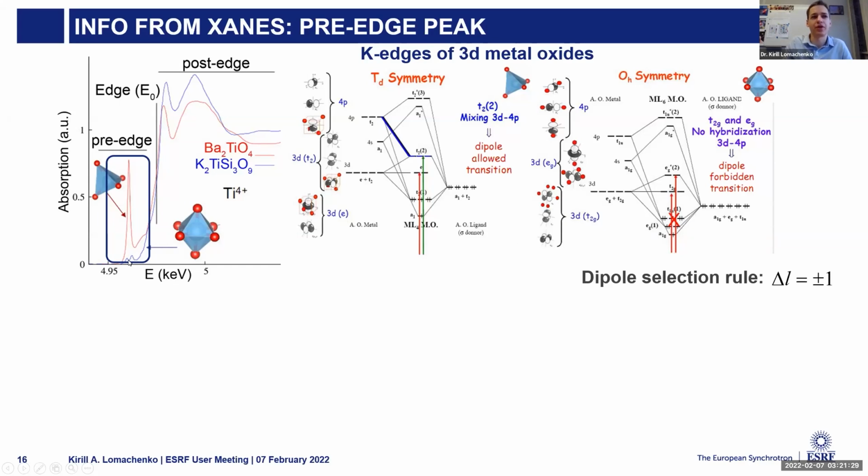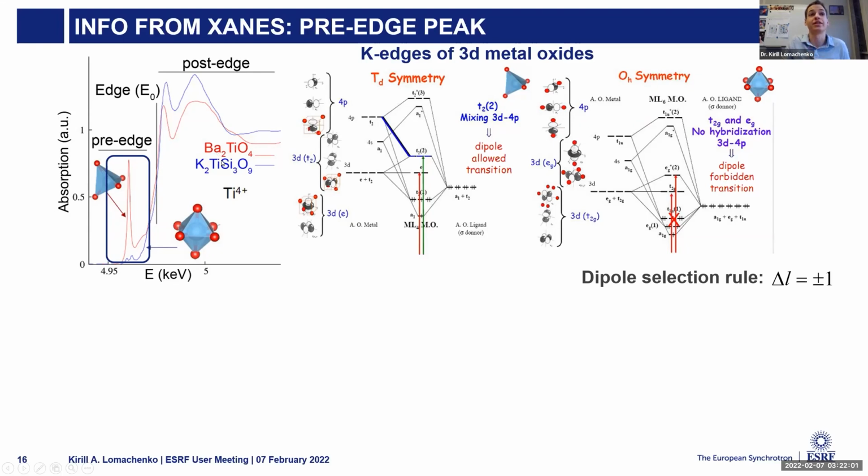It happens because for octahedral titanium, this 1s to 3d transition, which is the reason why this pre-edge occurs, is basically forbidden. Well, it's dipole forbidden. But in tetrahedral geometry, you can have some mixing between the 3d and 4p, and so the transition becomes possible.